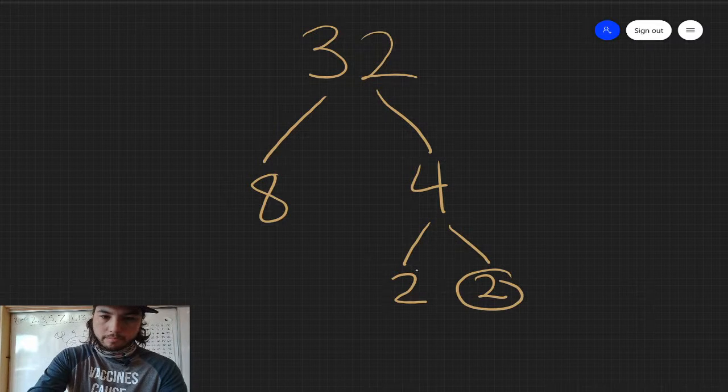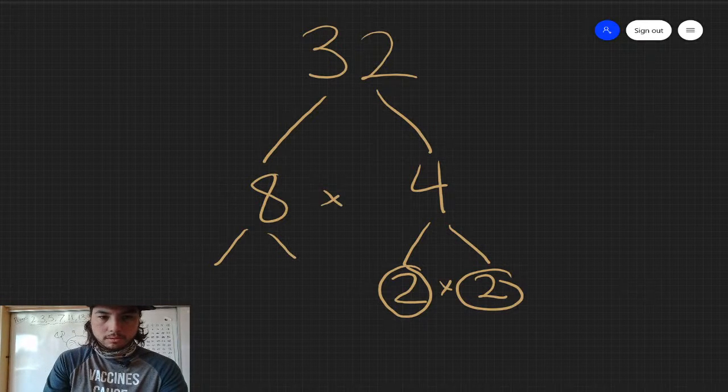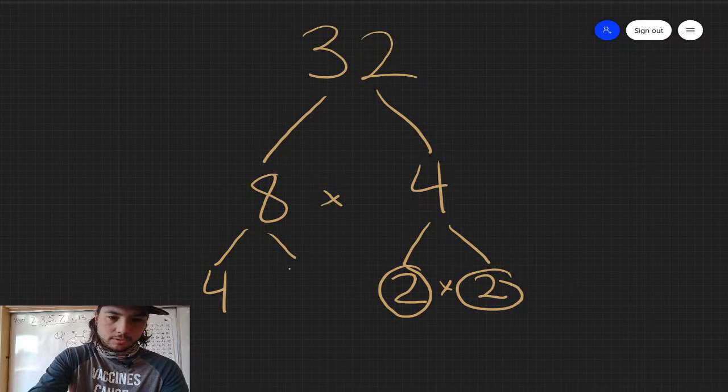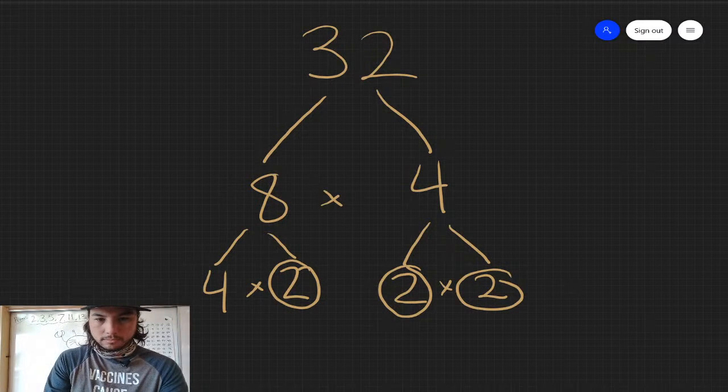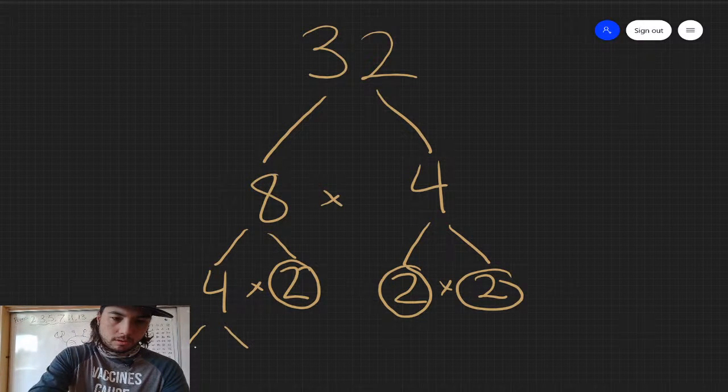Those are both prime. And then what do we do with 8? 4 times 2. And then factor it a third time. 2 times 2 equals 4 again.